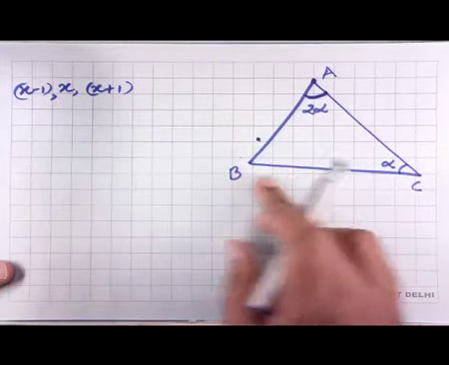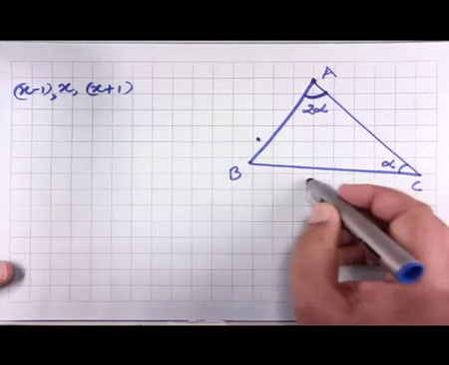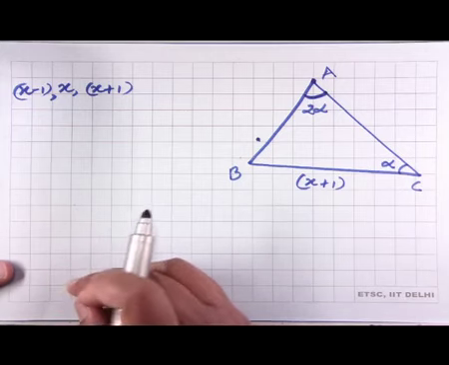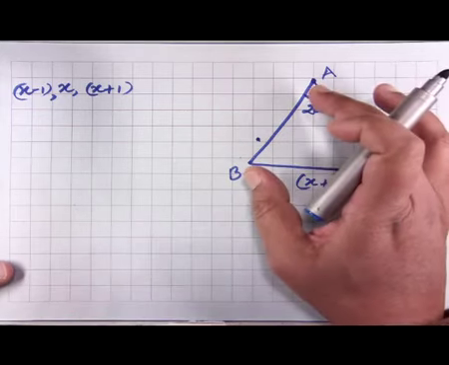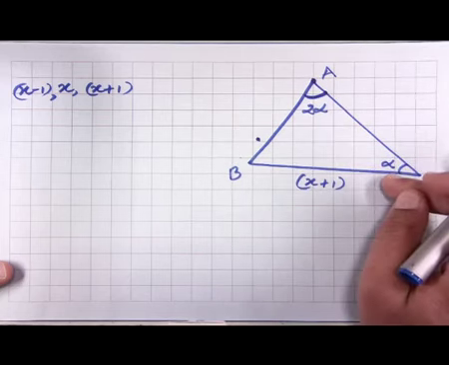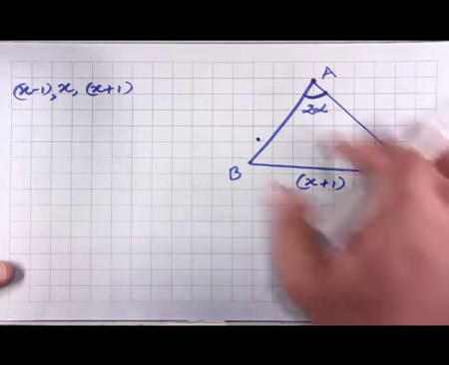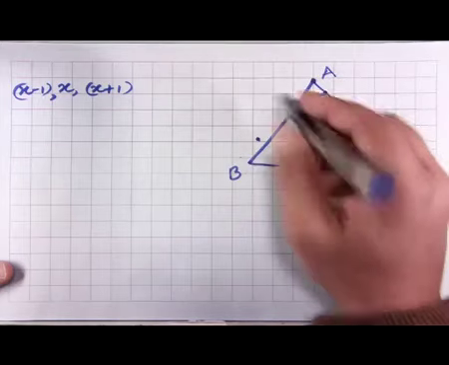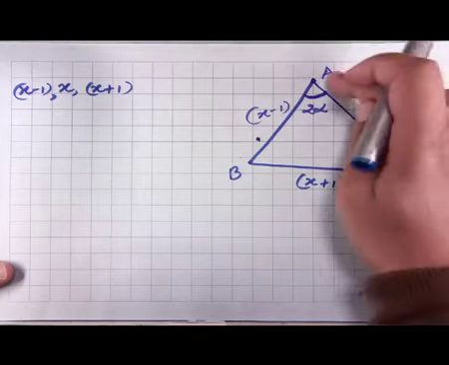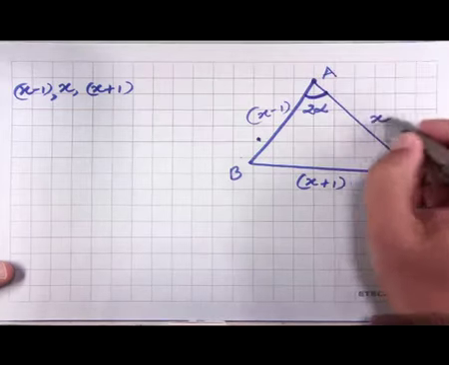So, it follows that this length must be x plus 1. Similarly, we know that the smallest side of any triangle is opposite to the smallest angle, which is alpha in this case. Therefore, this length should be x minus 1, and hence the remaining third side is of length x.